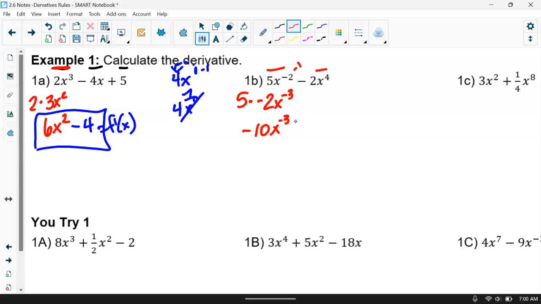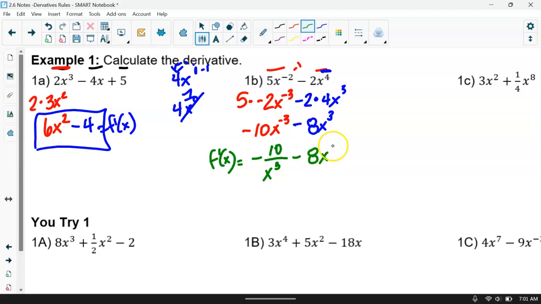Then minus 2 times the derivative of x to the 4th, which is 4x to the 3rd. So now this is 8x to the 3rd. Now I'll rewrite this so we don't have a negative exponent. Our final derivative of our function is negative 10 over x to the 3rd, because remember, a negative exponent, minus 8x cubed.